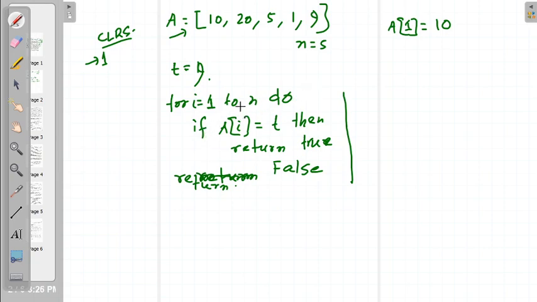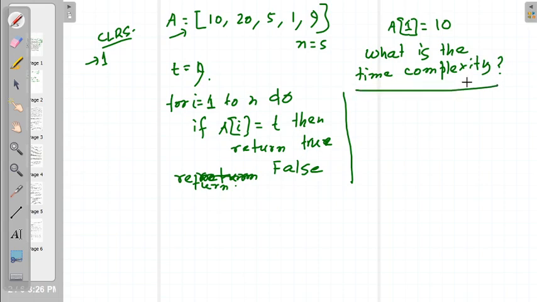Okay, so if this is the case, you have designed this algorithm, and somebody is asking what is the time complexity of this? If somebody is asking this question, how can you proceed?